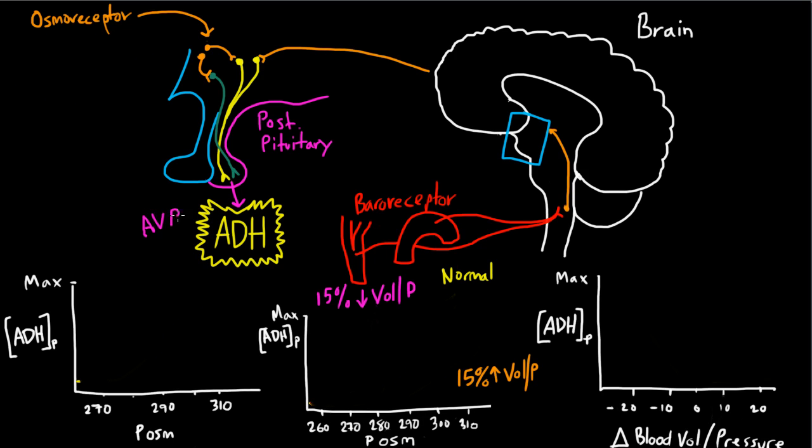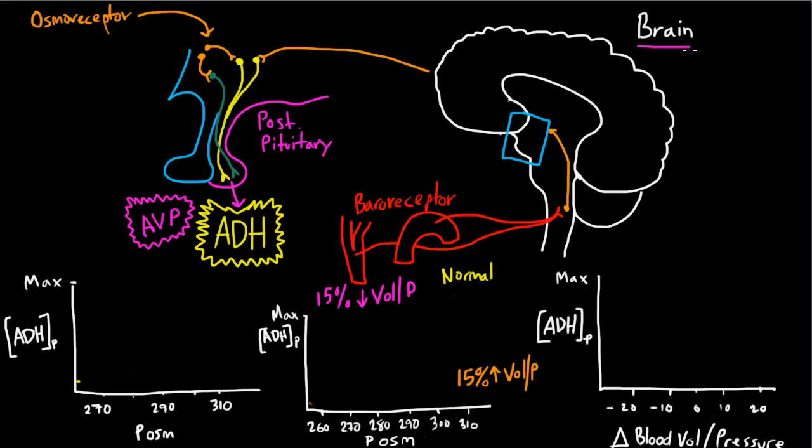So I'll just put AVP here for those of you who know it by this name. And if it helps to remember, it's secreted from the brain, from the posterior pituitary. And think about it this way. Remember in the last video, we were talking about how the body doesn't like to go through cellular shrinkage and swelling, and the brain is the most sensitive to changes in extracellular fluid tonicity.